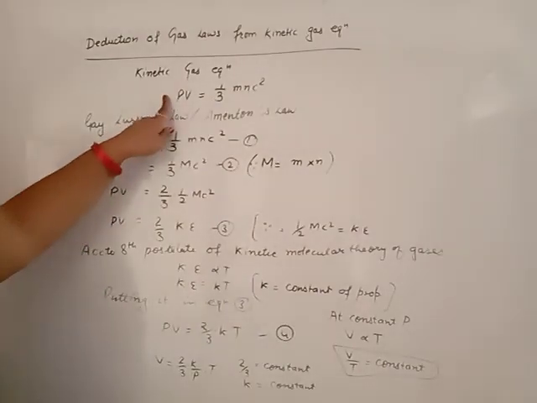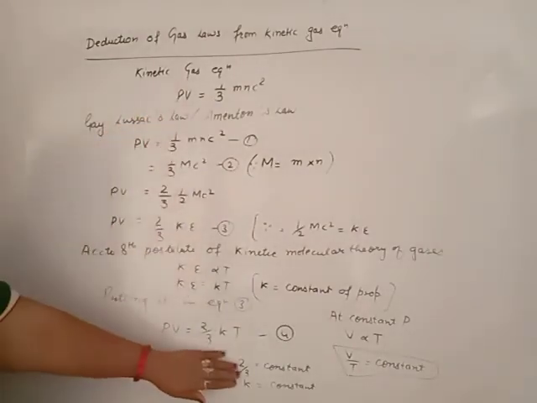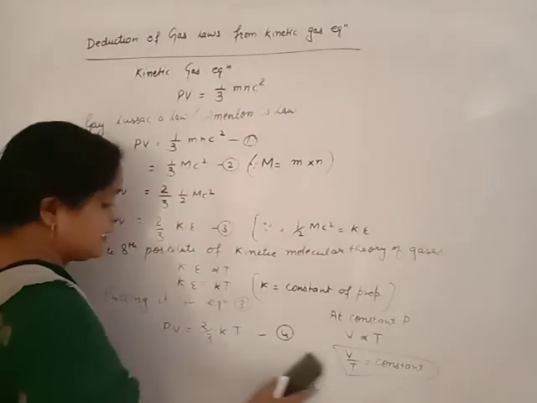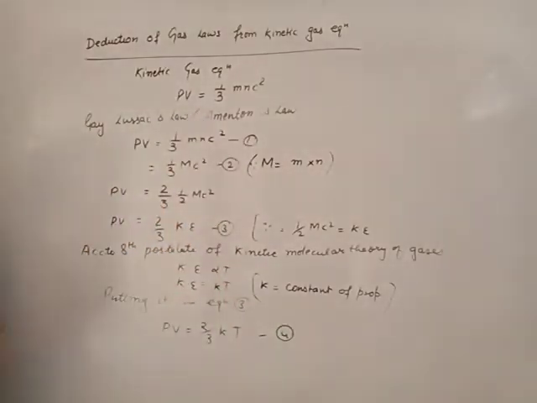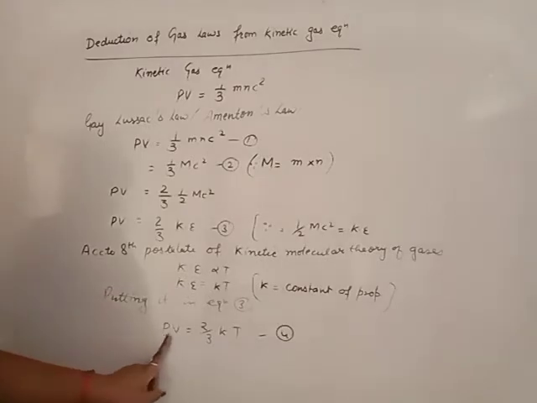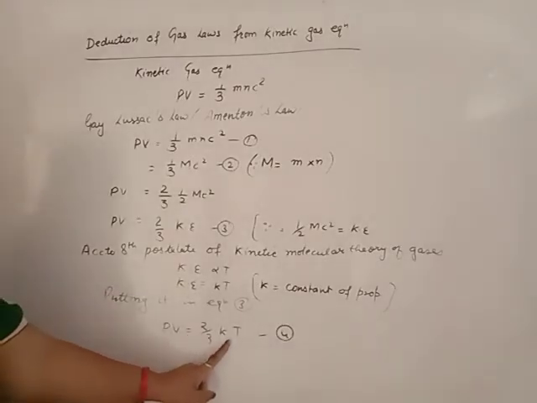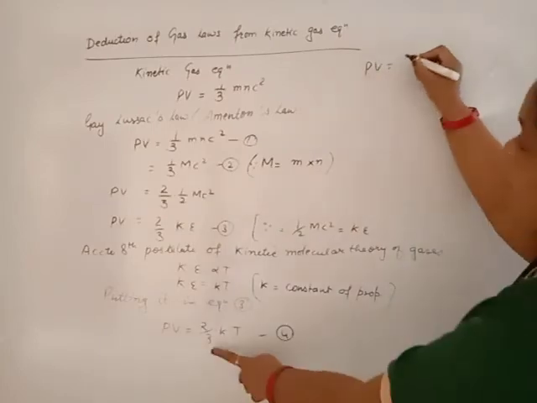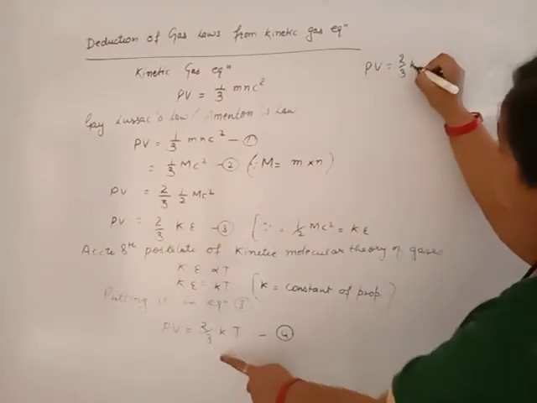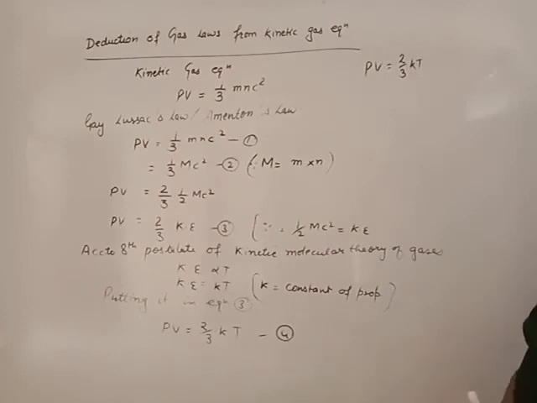Start from the kinetic gas equation; up to this point it remains the same. We only change the last part: PV = 2/3 of kinetic energy. Kinetic energy is directly proportional to absolute temperature, so it is kT. Now our equation is PV = 2/3 kT. In Amontons' law, volume remains constant.